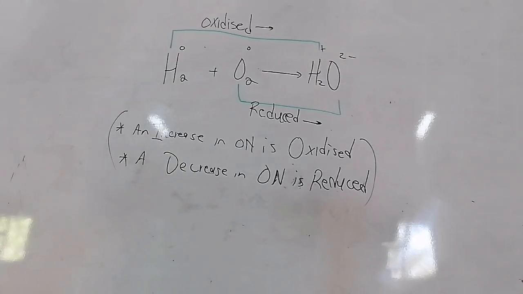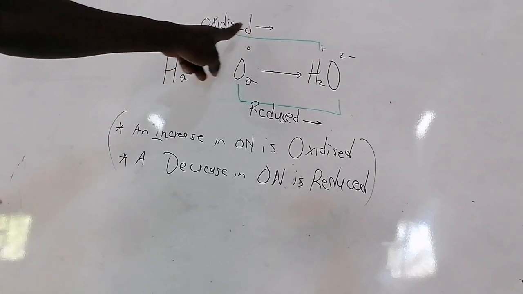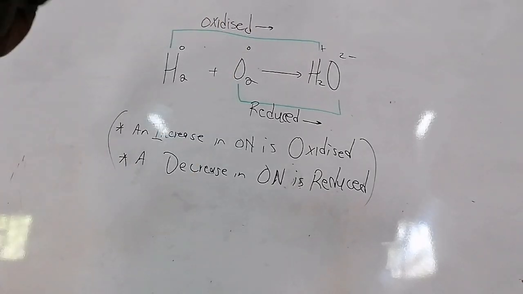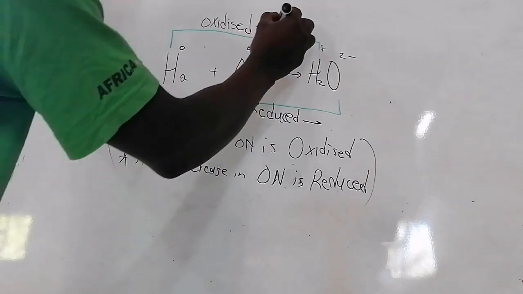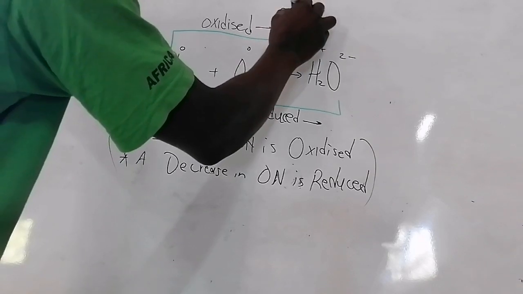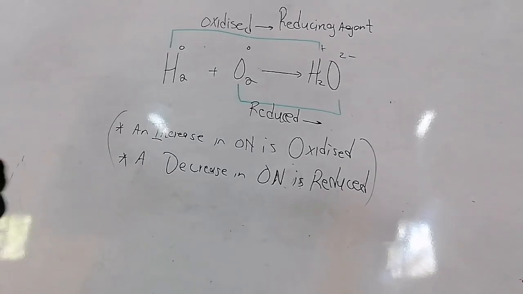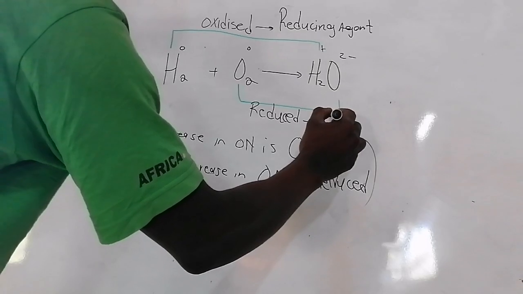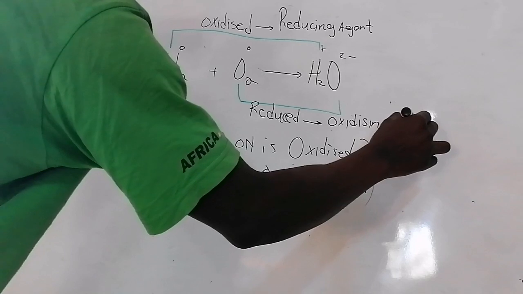When we compare our two agents, the last part of the oxidizing agent's definition is reduced, right? Then the last part of the reducing agent's definition is oxidized. It means that the ones that are oxidized, we say that they are the reducing agent. So it means that H is the reducing agent. Then the oxygen atom is the oxidizing agent.